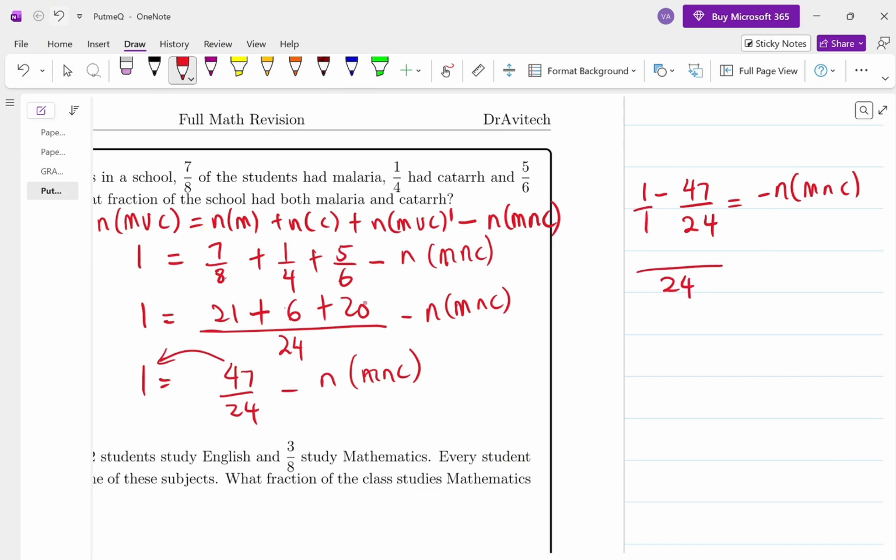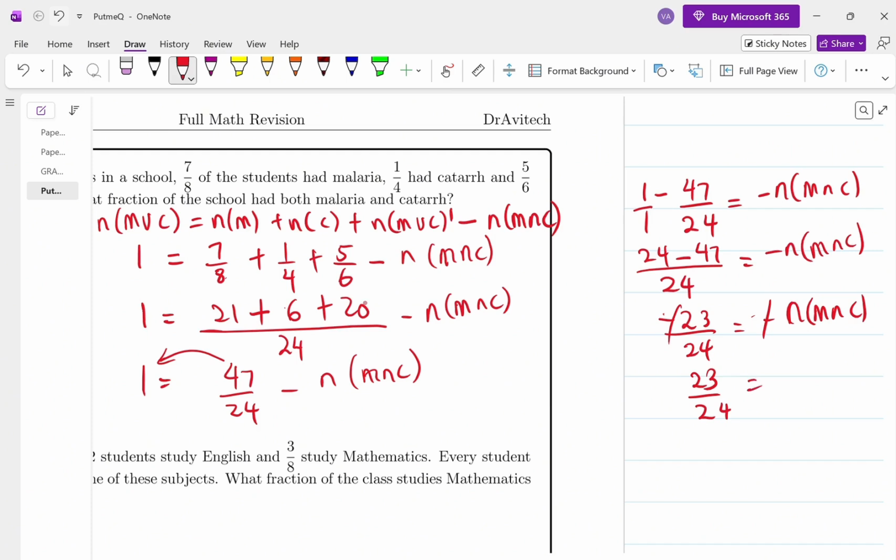So 24 and 1 here will give me 24 times 1, 24 minus 47 equal to minus the intersection between both of them. So this will give me minus 23 over 24 equal to minus m. Okay. So minus will cancel out minus. So that's 23 over 24.